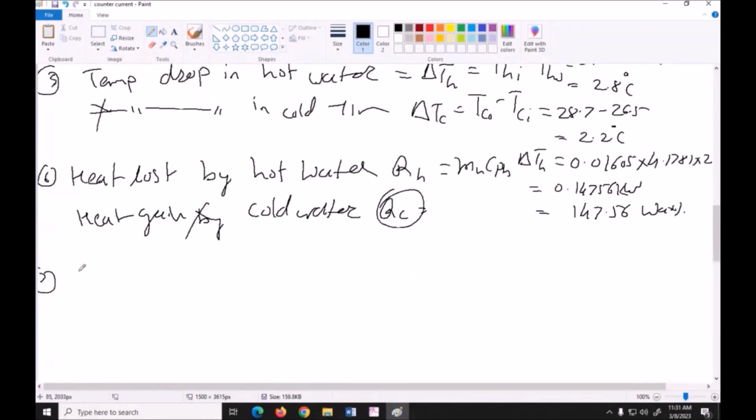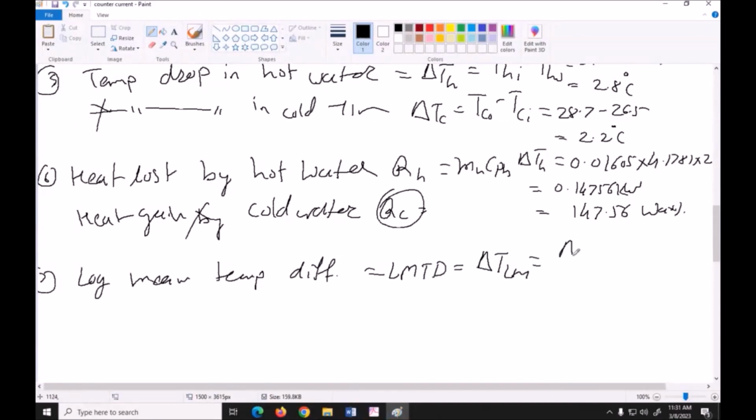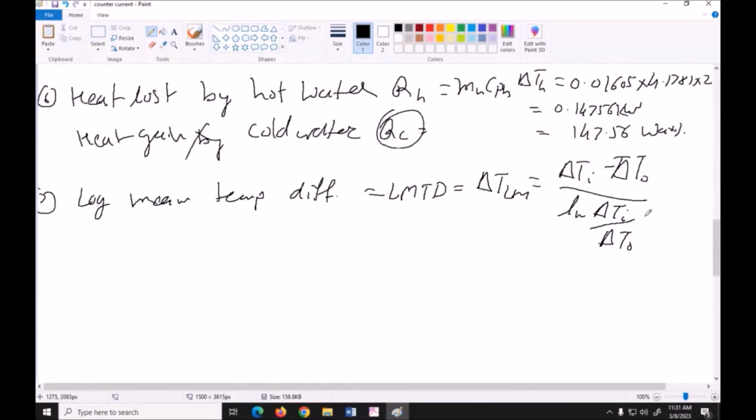Now next 7, LMTD, log mean temperature difference. LMTD is equal to delta T LM is equal to delta Ti minus delta To divided by ln of delta Ti divided by delta To. So how to get delta Ti, and this is important for us. Everything is same; now here it is a difference.